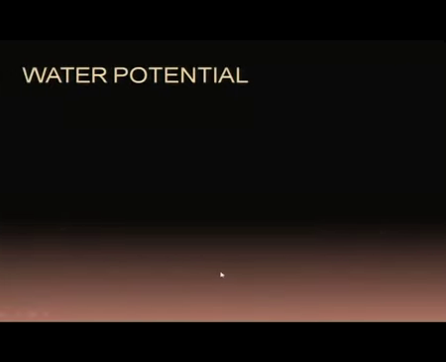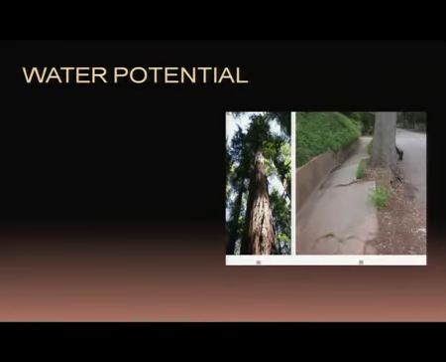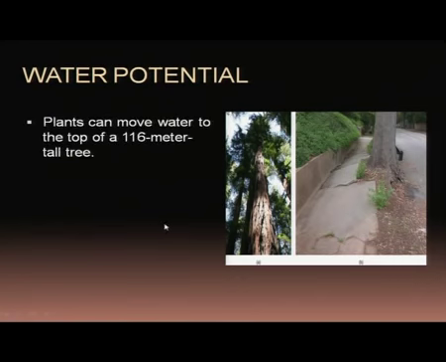Talking about water potential. See this picture. This is one of the tallest trees present on the face of the earth, the sequoia, and here what is happening? The pressure from the roots of the tree seems to have broken the pavement, which is made up of cement. How is it possible? So, plants can move water to the top of a 116-meter tall tree.